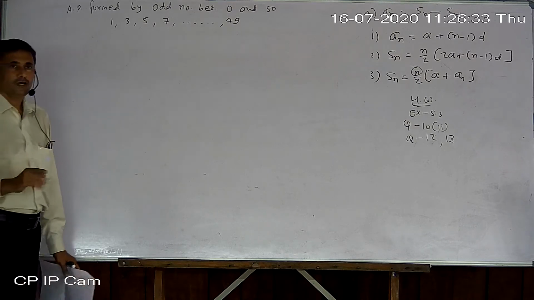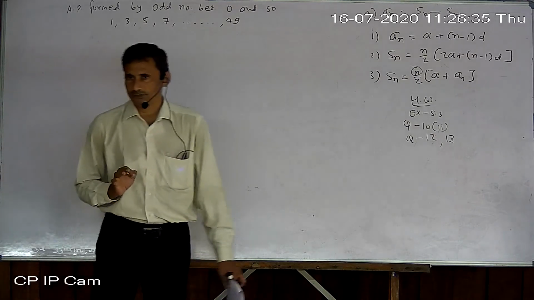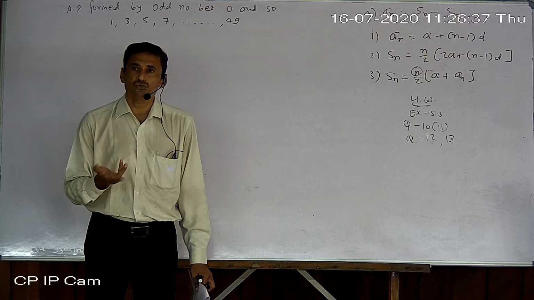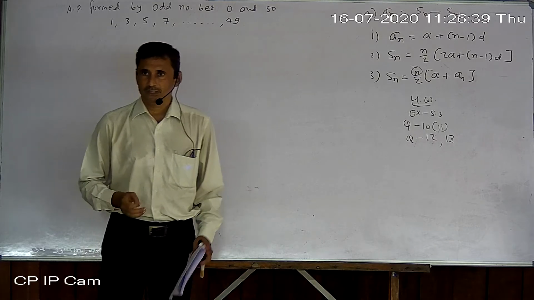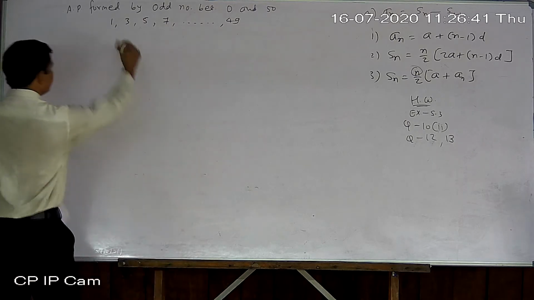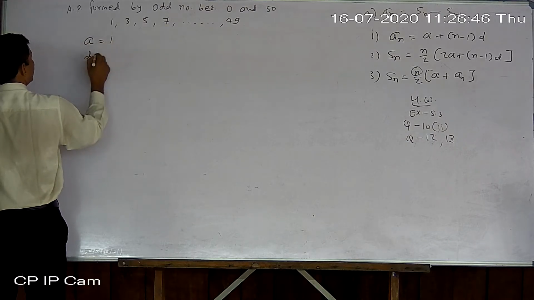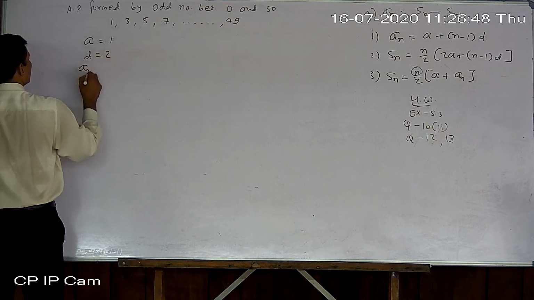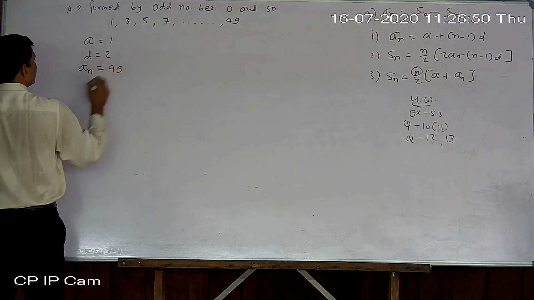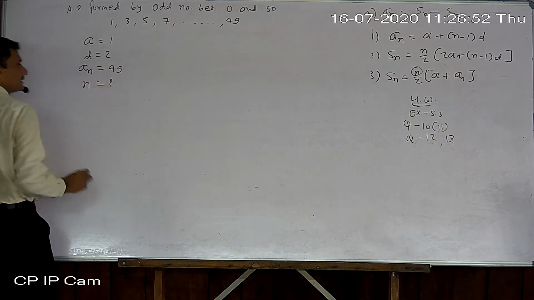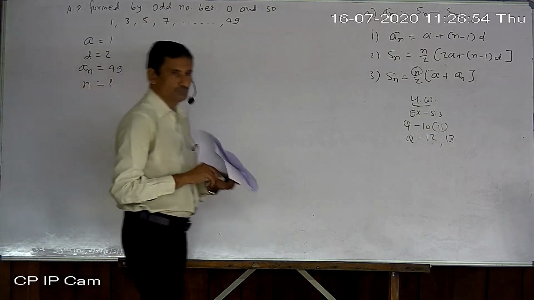But we have to show that calculation, so how n equal to 25 is there. Okay, so first of all write down a equal to 1, d equal to 2, very simple, last term 49, and we have to find n, just like 5.3 main question number 2.